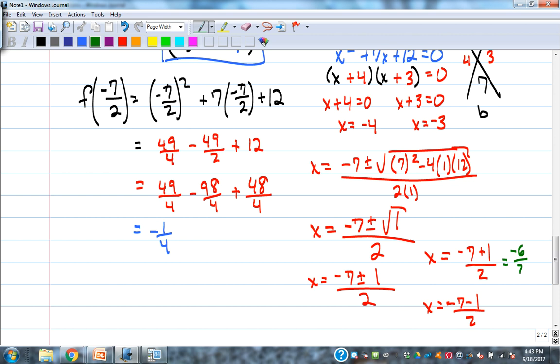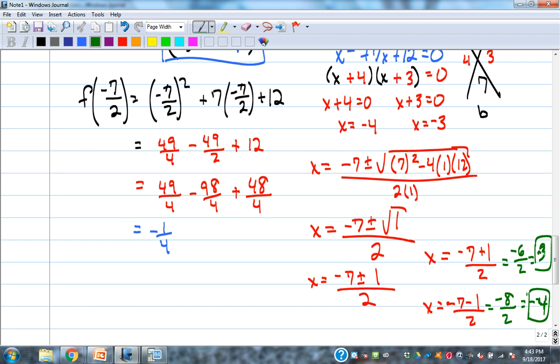That'd be -6 over 2, and that'd be -8 over 2. Guess what? That's -3 and -4, just like I found by factoring. I get the same answers.